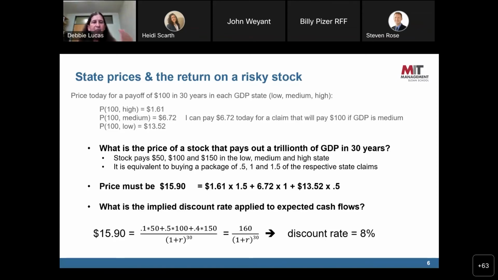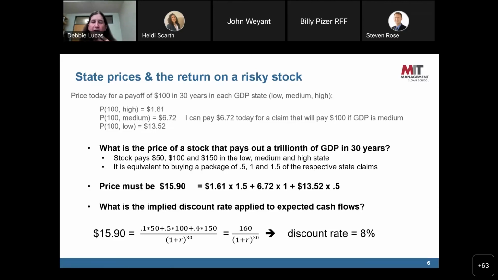Okay, so if we have an idea of what the stock will pay out in each of those aggregate economic states, we can ask how much are those future payoffs worth today by using our state prices and buying an appropriate package. So skipping all the algebra here, we conclude with that same set of state prices that in fact, the value of a stock that pays out $50 in the low state, 100 in the medium state, and 150 in the high state is $15.90 today. And taking those state prices and getting to the implied discount rate, we get a much higher discount rate of 8%.